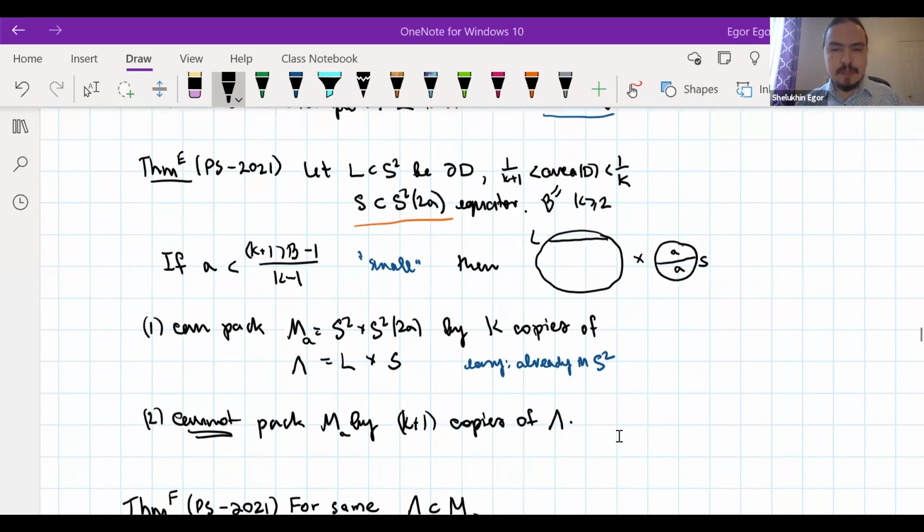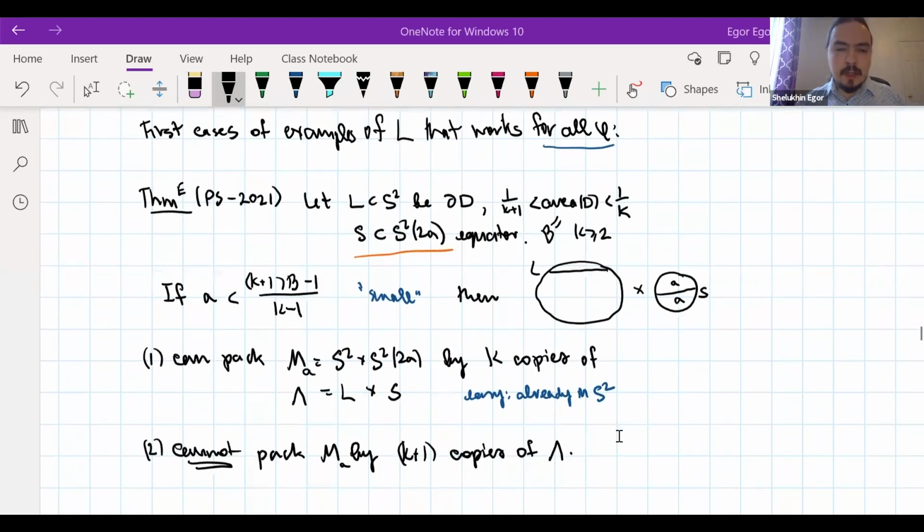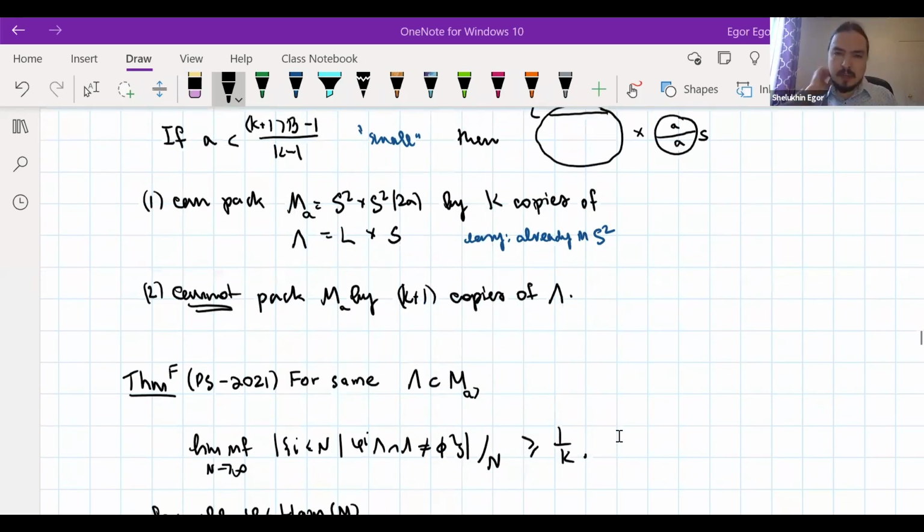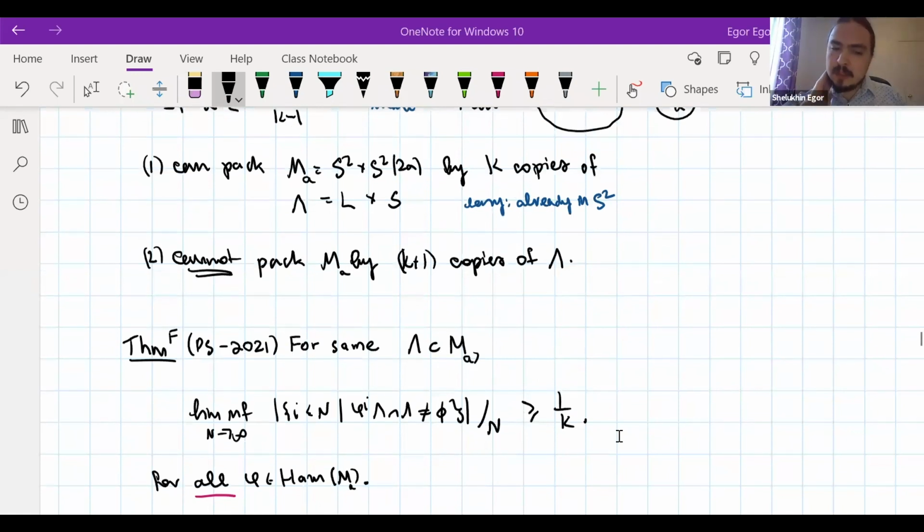This is a packing statement, from which you can deduce a recurrence statement, namely that the lower density of the set of return times, so i such that phi^i(Lambda) intersects Lambda, is at least 1 over k. And this is in M_A.